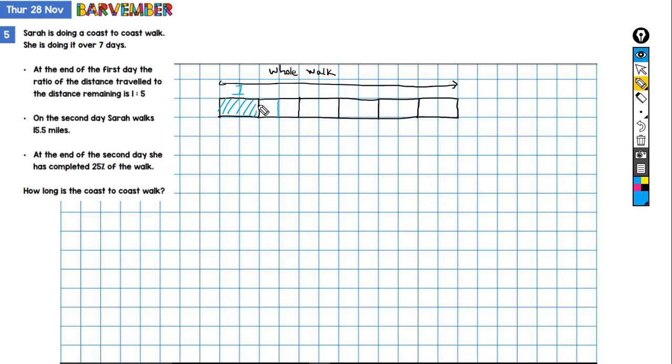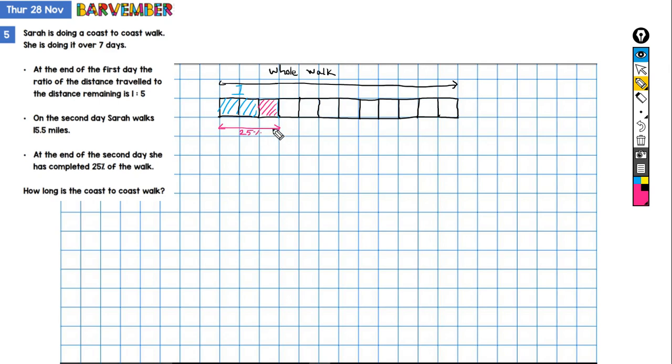So what I'm doing now is dividing, that's half of one of my sixths, half of one of my units. So what I'm actually going to do is divide everything now, so that I'm now working in 12s. So I've gone from 6 equal size portions to 12 equal size portions. And then this takes us up to 25%.